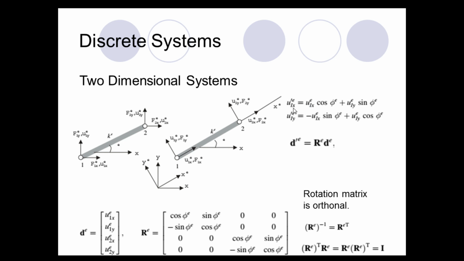Certainly we will use the geometry in this case, and u1x prime is nothing more than u1x multiplied by cosine phi, so that's the angle, plus u1y multiplied by sine phi.